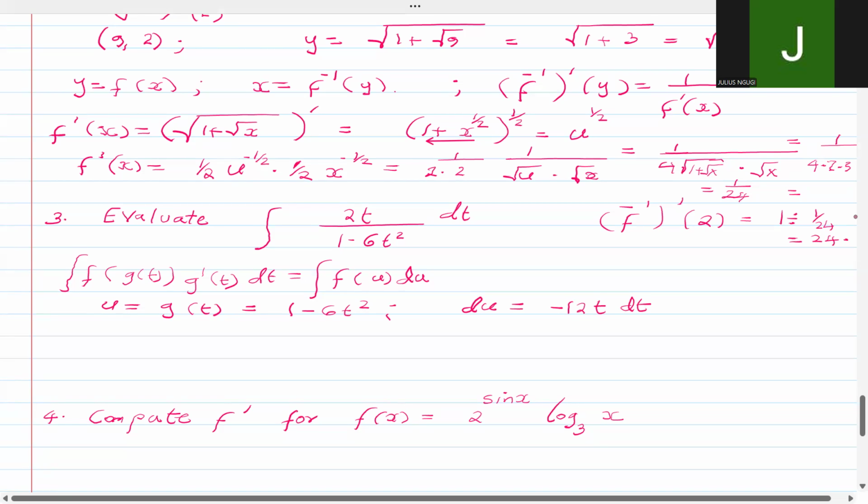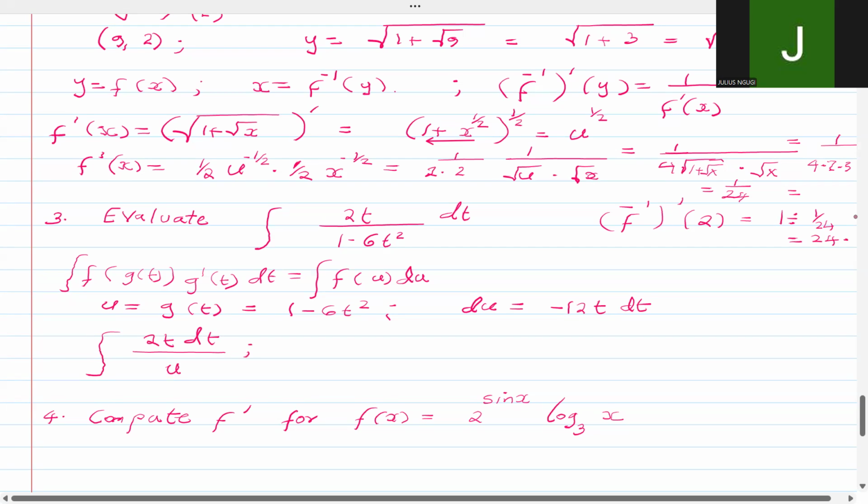Now, using this formula, we have everything in terms of t. Now we want to change the variable t to variable u. So we have the integral first. Let's write it and then change all the variables from t's to u's. 1 over 1 minus 6t squared is equal to my u.